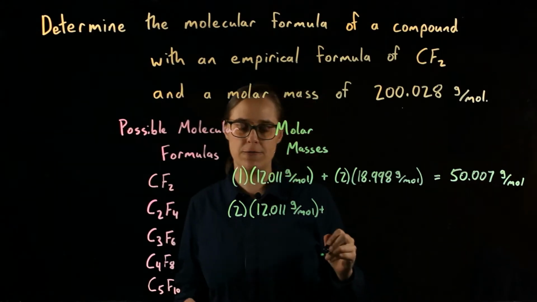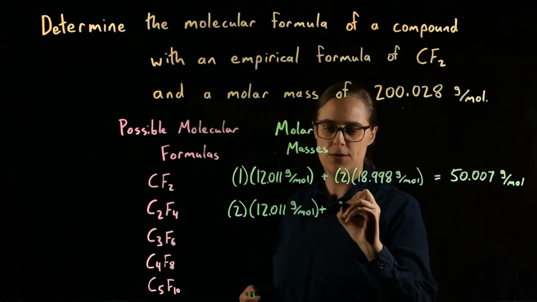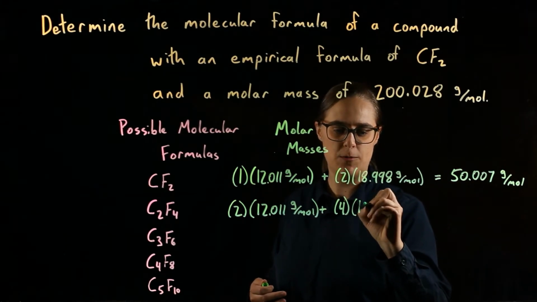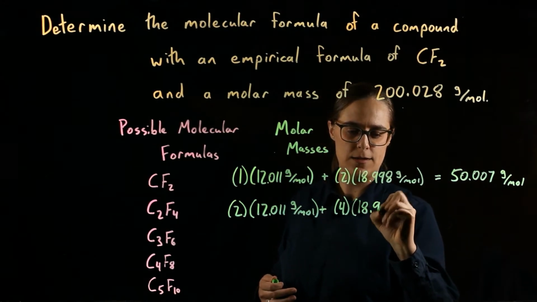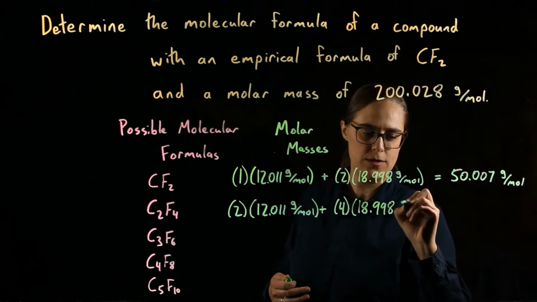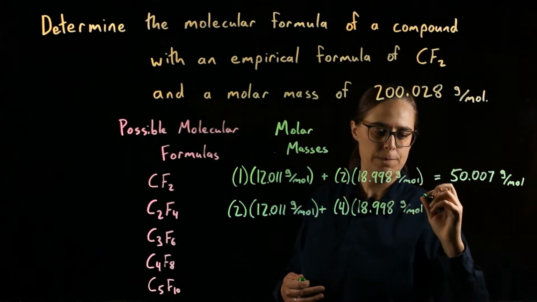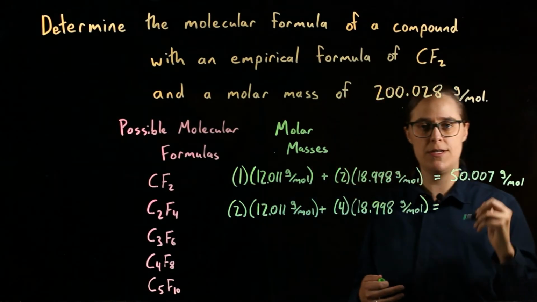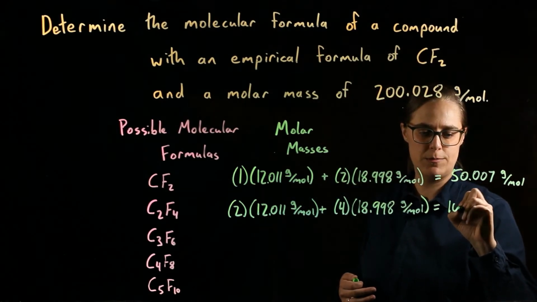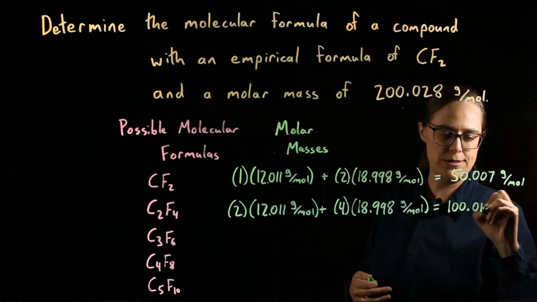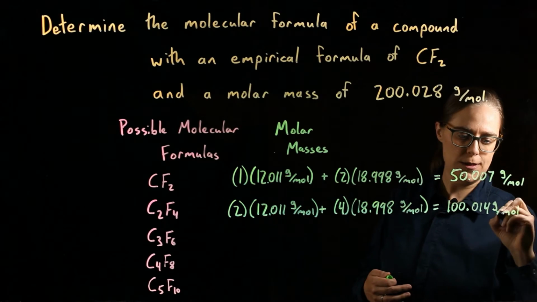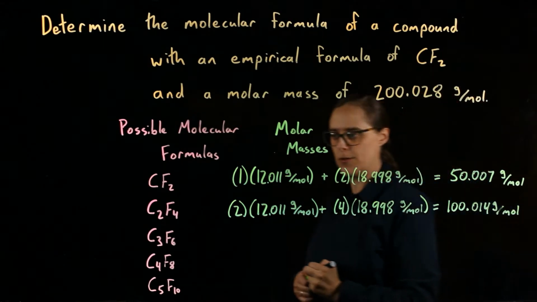Plus, because we have 4 fluorines, we need to add 4 times the mass of fluorine from the periodic table, 18.998 grams per mole. And you would calculate a molar mass of 100.014 grams per mole. Now, you can continue down this list all you want.